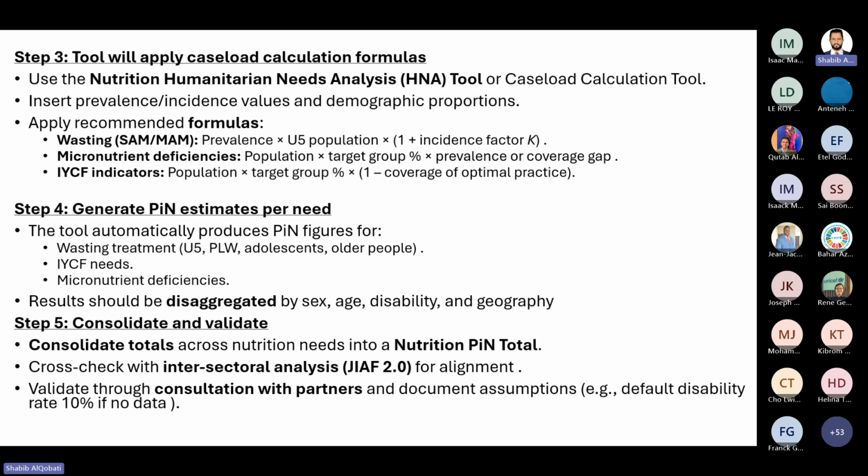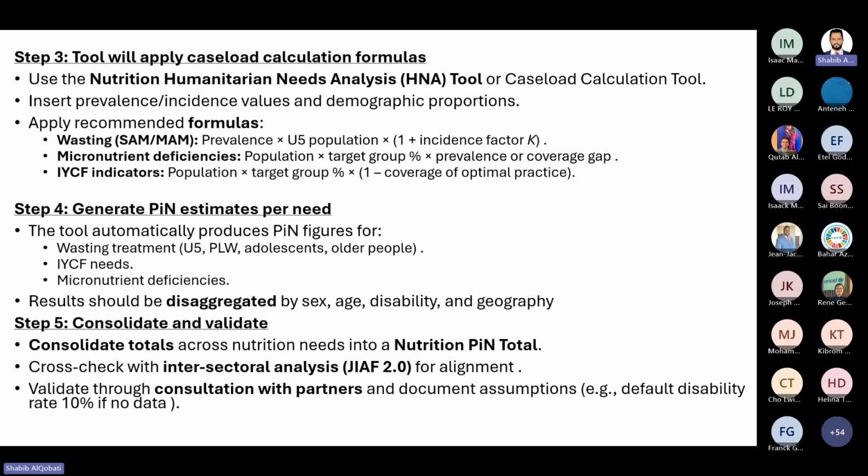In the tool, you will find some cells highlighted below; please fill these by prevalence or the coverage gap, and the tool will give you this information about micronutrient deficiency, for example vitamin D or any indicator like anemia. Also for IYCF indicators, this tool will calculate. So only one task from you: just fill the first sheet, called population figures. After that, the tool will support you to have this caseload.